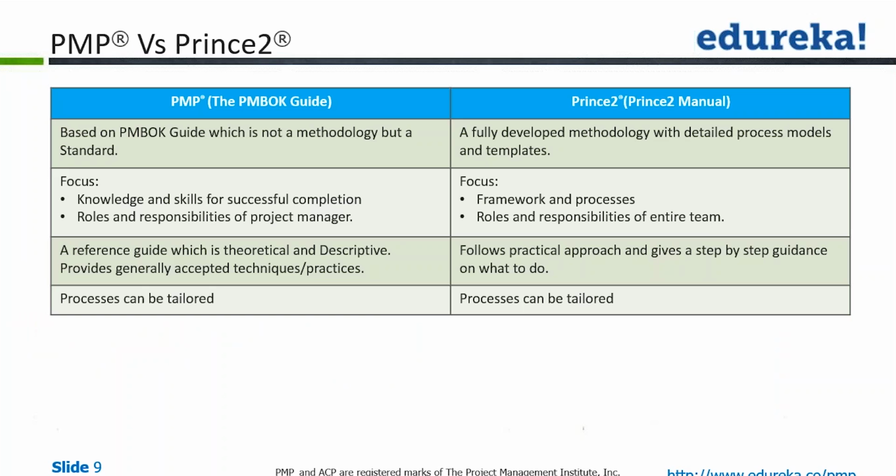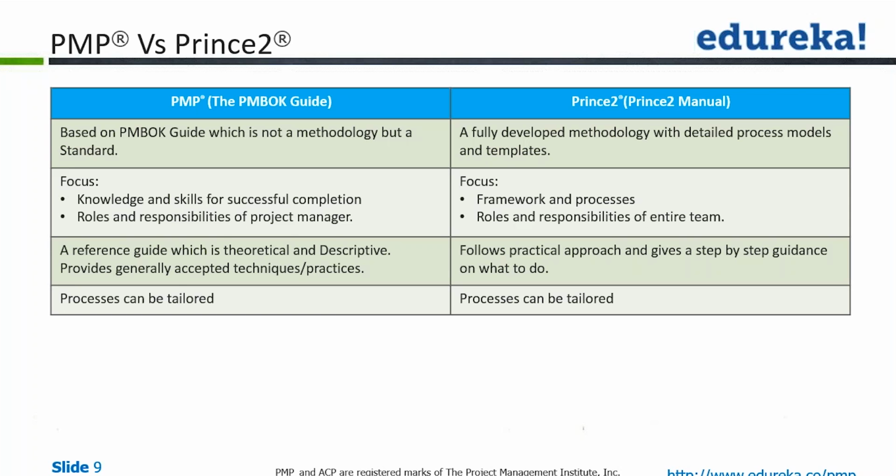Organizations can pick and choose the practices or processes based on their requirement, and they will build their own methodology. Okay. Whereas Prince2 is a fully developed methodology with all the detailed process models and templates, and also the sequence in which you need to follow them.